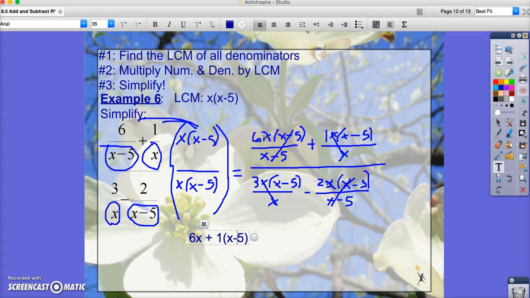I'm just going to move this over a little. And we'll simplify that in a minute. Over 3 times x minus 5. Because the x is gone, so 3 times the x minus 5 minus 2x.